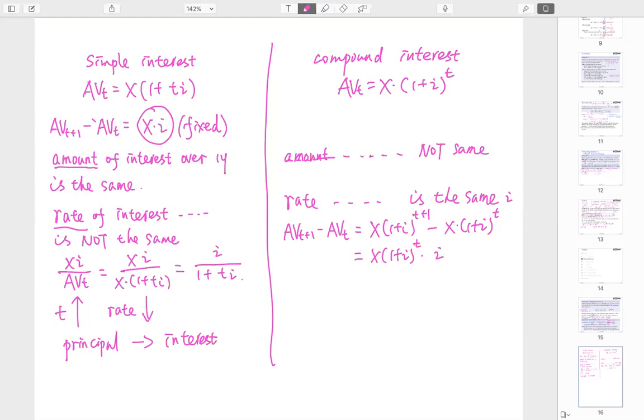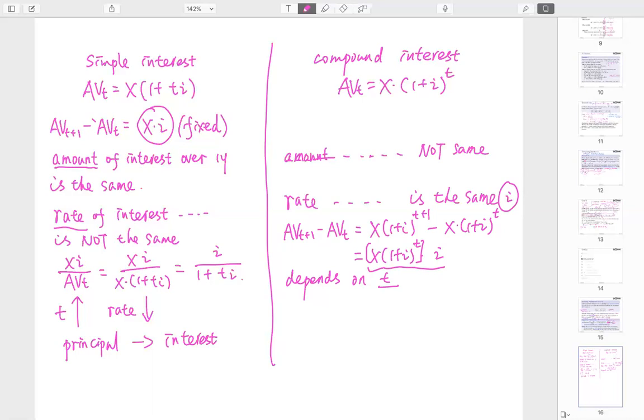This is exactly the result. So obviously, this amount depends on t, right? However, the rate is independent of t. The rate is I, because we need to divide by this guy, right? Then it cancels. It only leaves I, which is a constant independent of t.